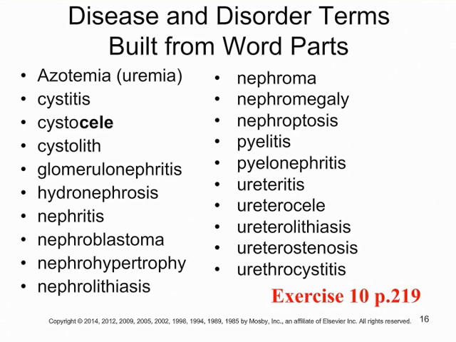We have cystolith, lith meaning stone, so in this case you would have a stone in the bladder, but you can have stones in other portions of the urinary system as well. So in this case, you can have a nephrolith, for example, and the condition is nephrolithiasis, where you have a stone in the kidney.